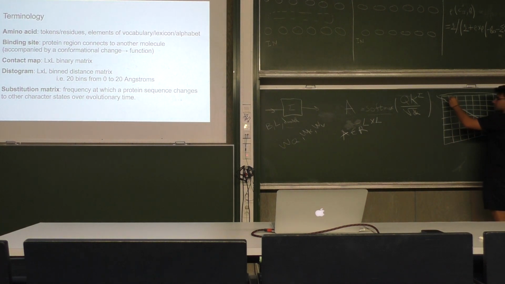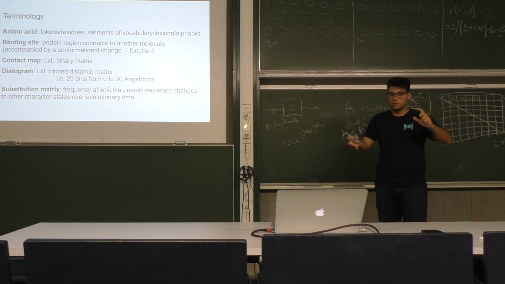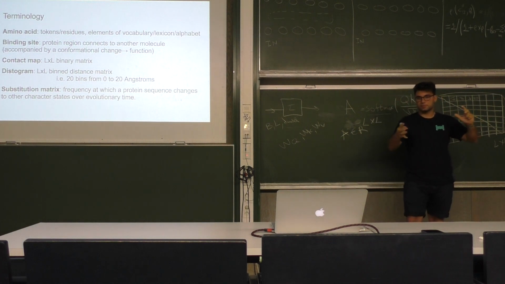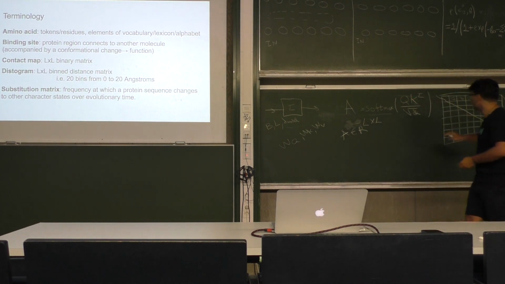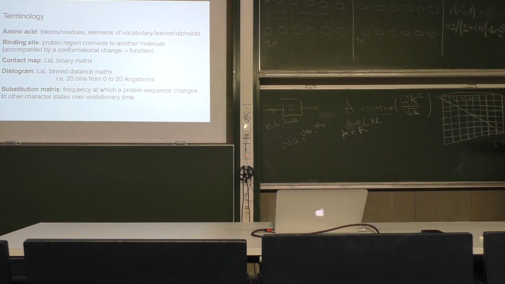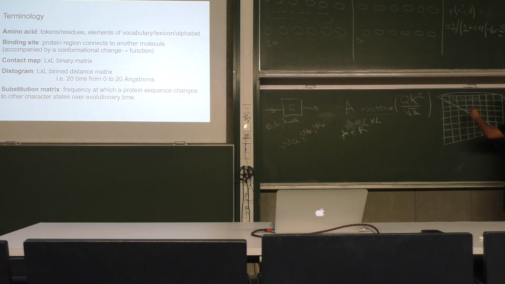So in the most ideal case, we would be able to predict the distance in angstroms between different pairs, and this would give us the exact structure of the protein in 3D space, because if you know all the distances, there is a mapping with some advanced mathematics that you can go from this L by L matrix to the exact 3D structure.